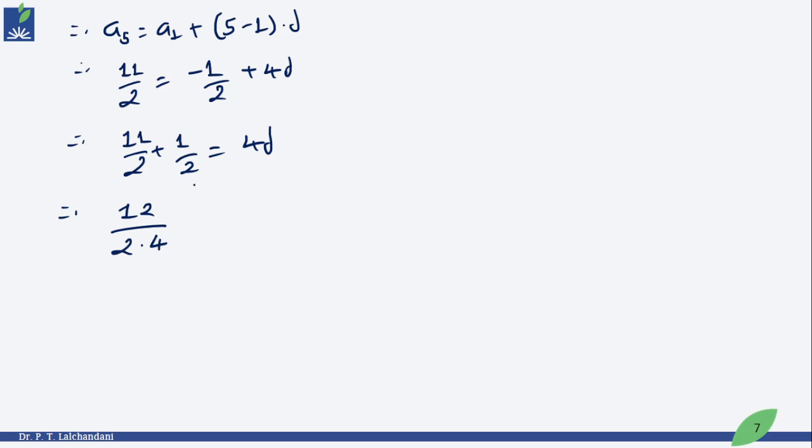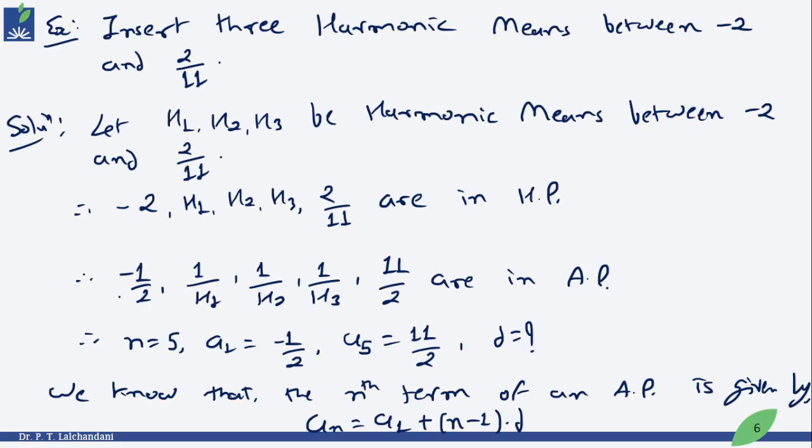Instead we can say that we are dividing this equation by 4 on both the sides. This is equal to d. You can observe that 4 3s are 12. So d is equal to 3 upon 2. So now we have the value of d for this arithmetic progression.